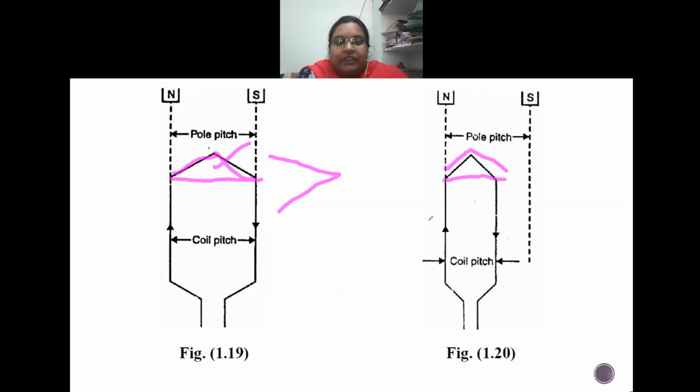So, what is happening is we are saving copper in case of fractional pitch winding.